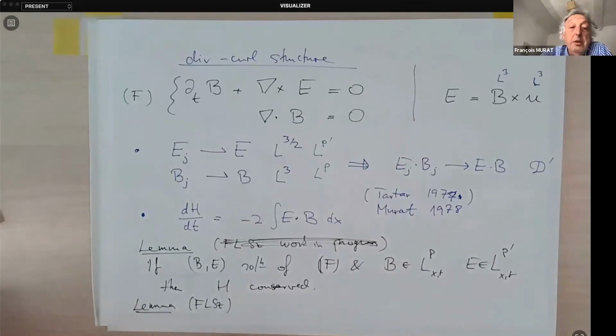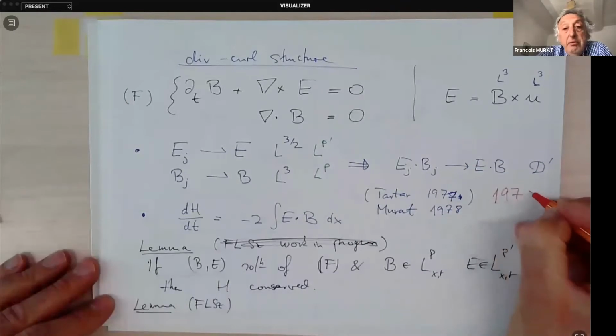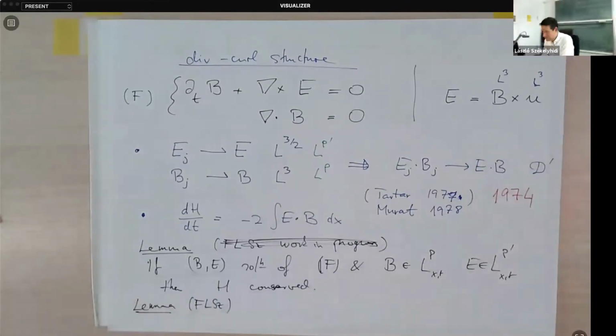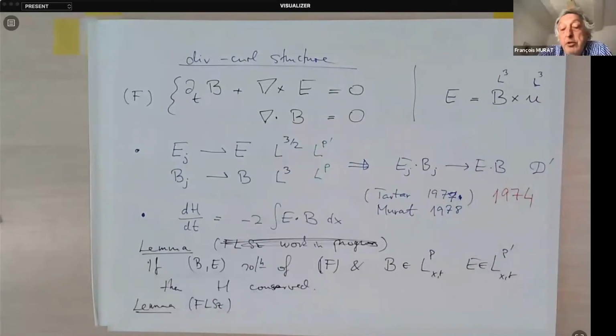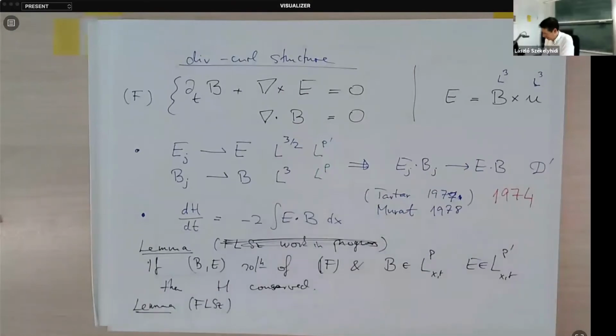The Div-Curl lemma was proved, I guess, around 74, and was not published and not mentioned to anybody for 3 or 4 years. Wow. The first time the name compensated compactness appeared on a paper is, I think, in my paper of '78. Okay, good, and no problem about that.